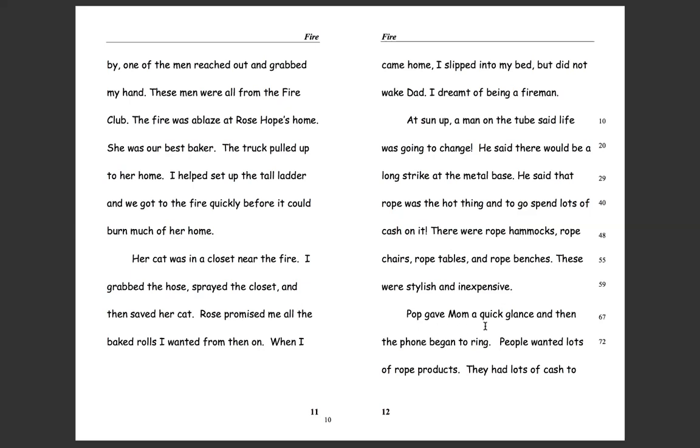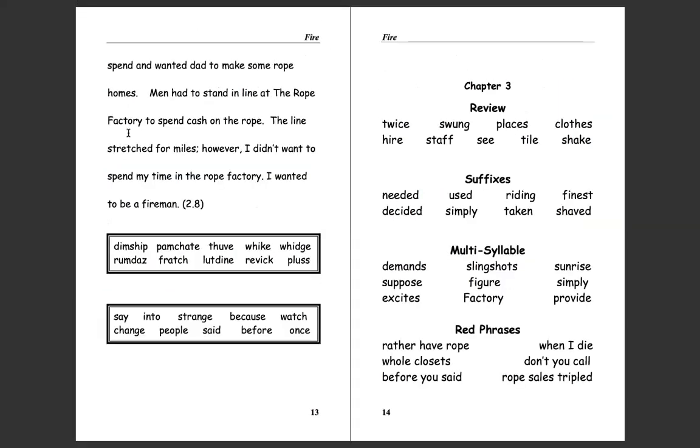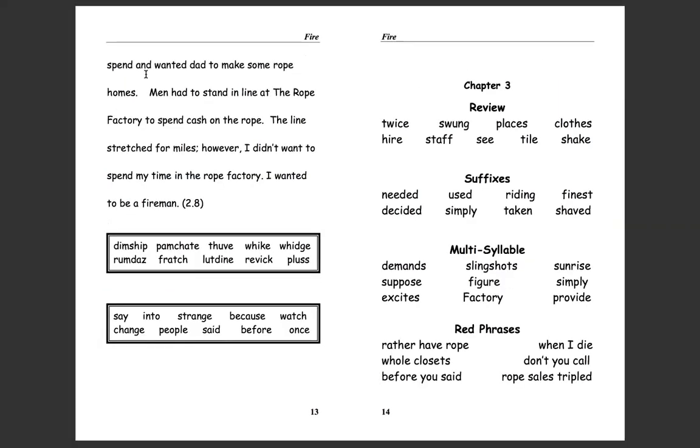Pop gave Mom a quick glance and then the phone began to ring. People wanted lots of rope products. They had lots of cash to spend and wanted Dad to make some rope homes.